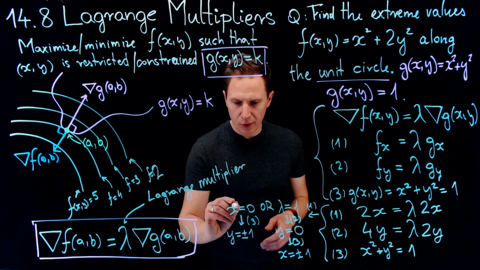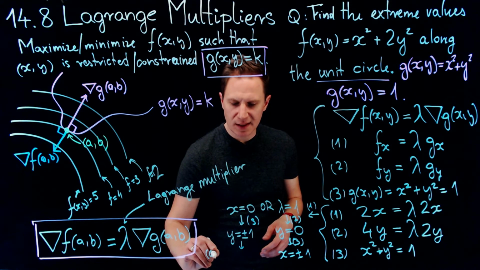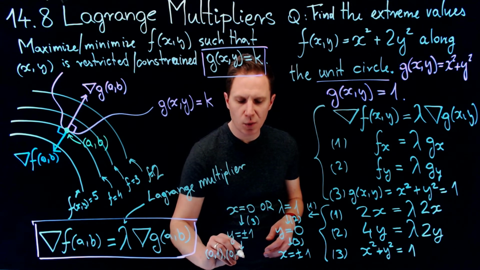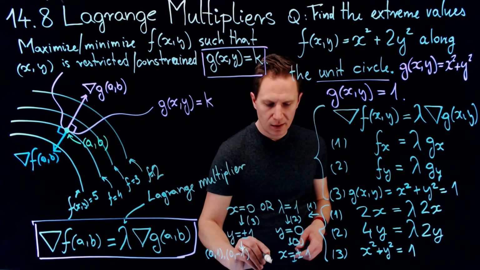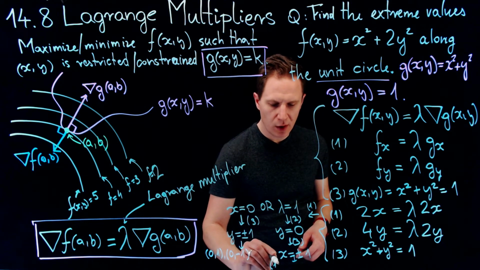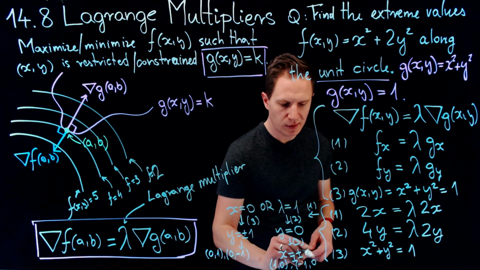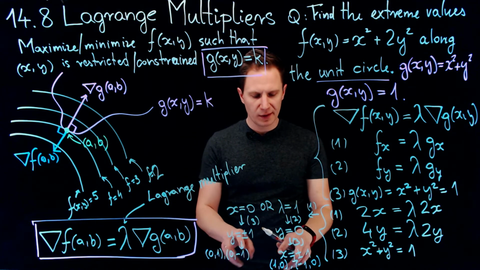We have the points found here, which are x equals 0 and y equals 1 or y equals minus 1. And we have 2 points here, x equals 1 and y equals 0, or x equals minus 1 and y equals 0, as the 2 possibilities.